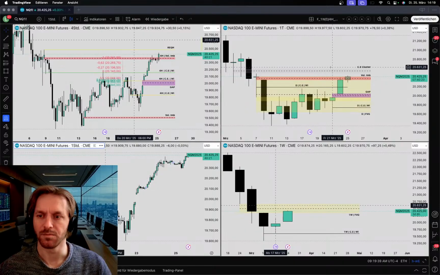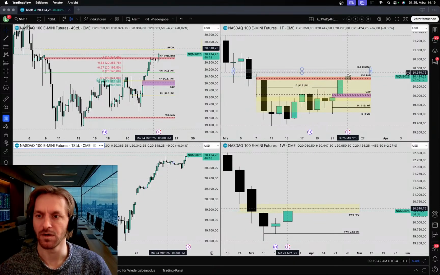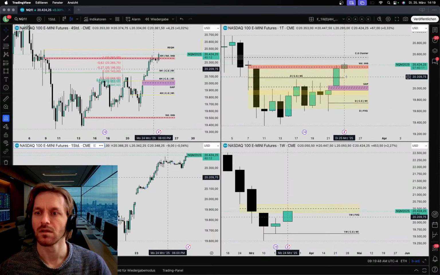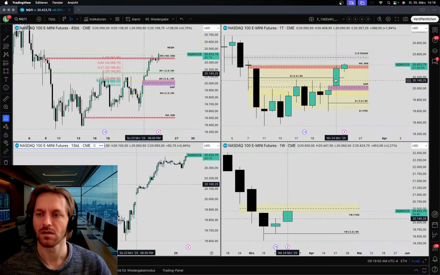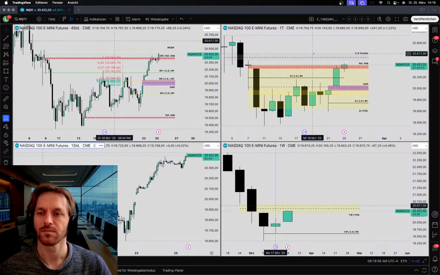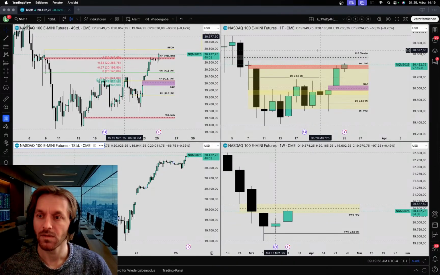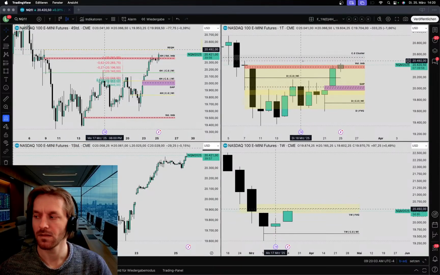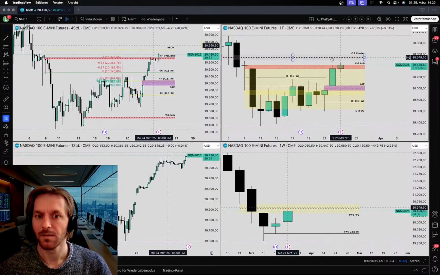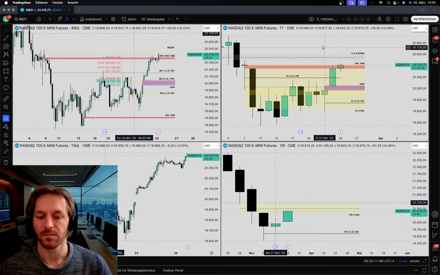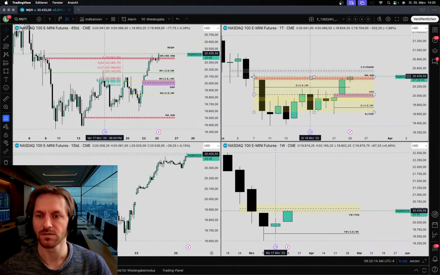So basically what I want to see is the price going up there to the cluster and then falling short of it. I would like to see price reacting on this level.